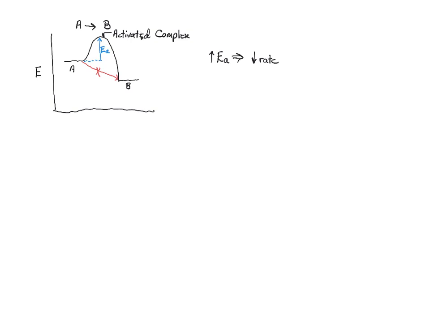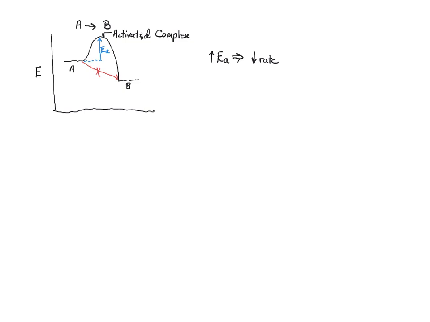Now something else that we notice is that there's a connection between the rate of a reaction and the temperature of the reaction. And when you think about it, that kind of makes sense, because if we do something that's going to increase the temperature of the reaction, we're going to be increasing the energy of the reactants. Remember, temperature and kinetic energy were kind of intrinsically linked.